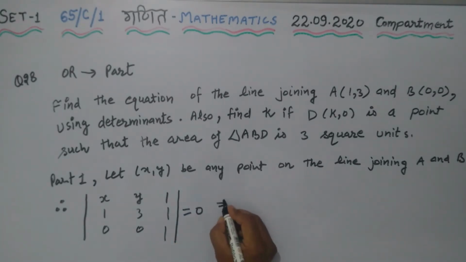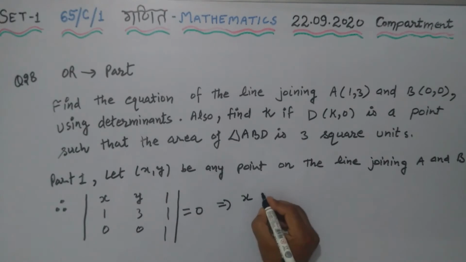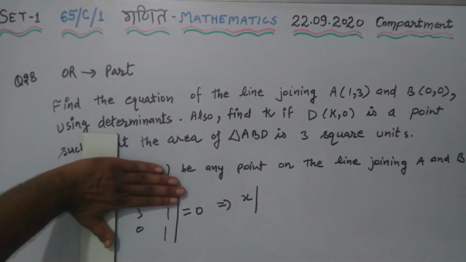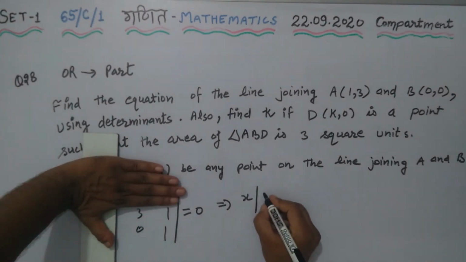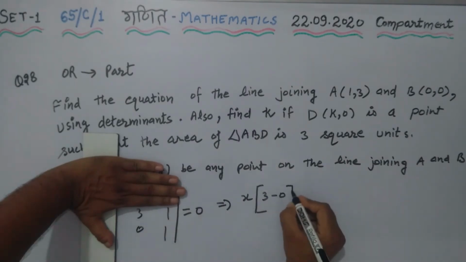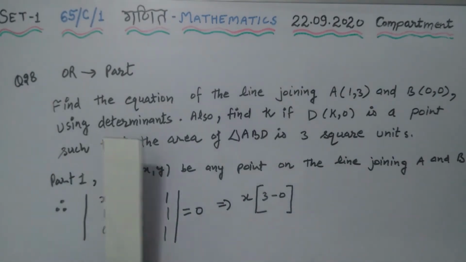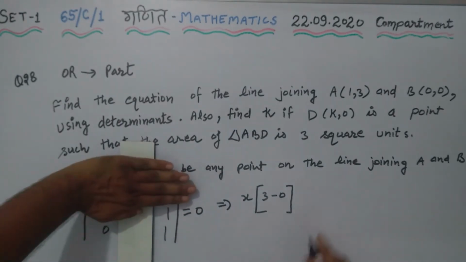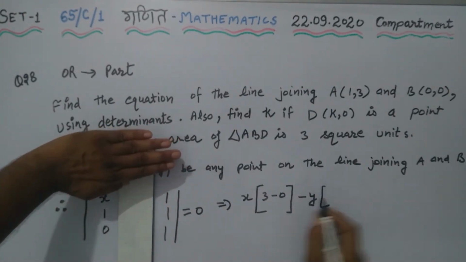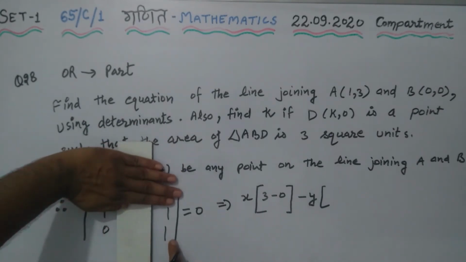This means x into, corresponding to x, row and column is erased, 3 into 1, 3 minus 0. Thereafter, corresponding to y, minus y into 1 into 1 minus 0 into 1.